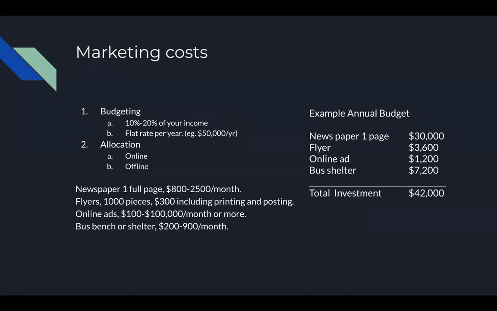For example, if your total investment is $42,000, you put $30,000 on newspaper, $3,600 on flyers, $1,200 on online, and $7,200 on bus shelters. That's within your $50,000 per year, and you can spend $8,000 more.